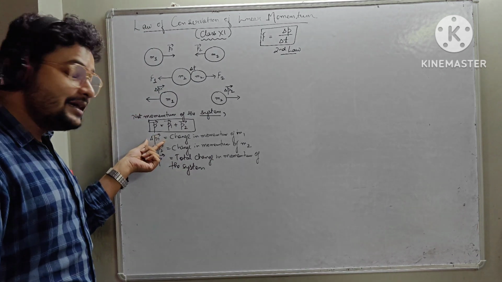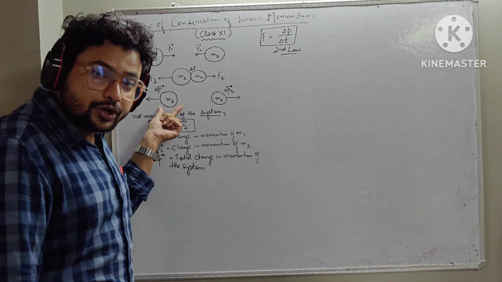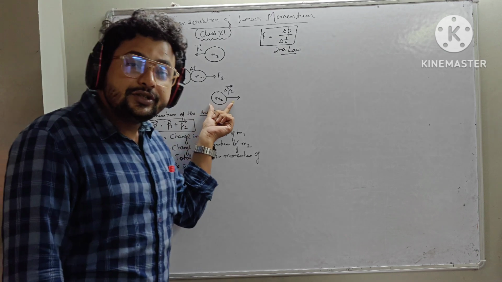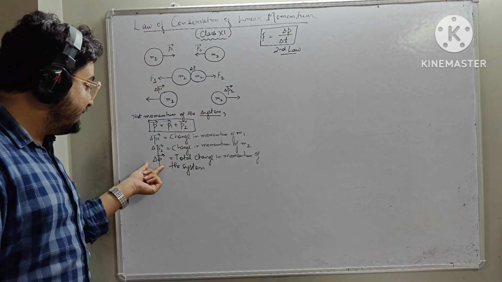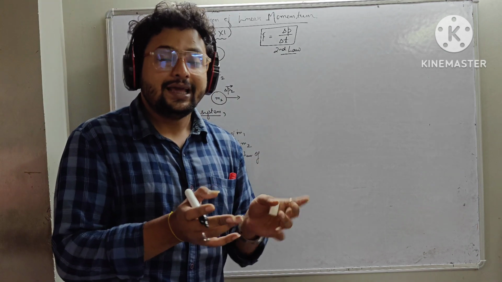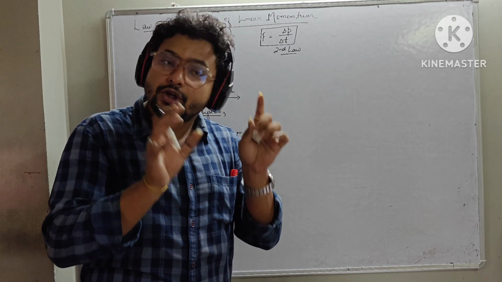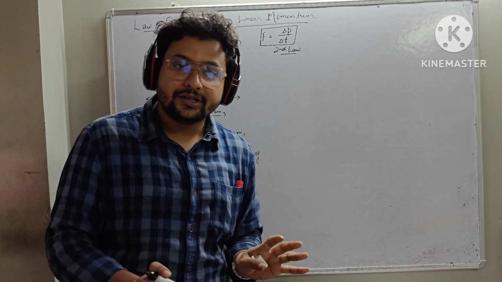Now see, delta P1 is the change in momentum of the first body, delta P2 is the change in momentum of the second body, and delta P is the total change in momentum. In this particular system, only two bodies are present, no other bodies.